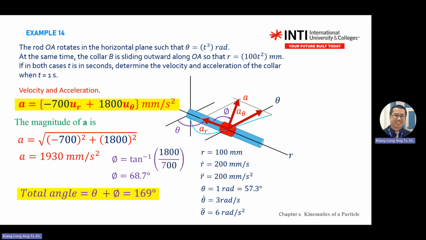You press the calculator. Wait, we check. 90 minus 68.7 plus 57.3. Okay. Yes.